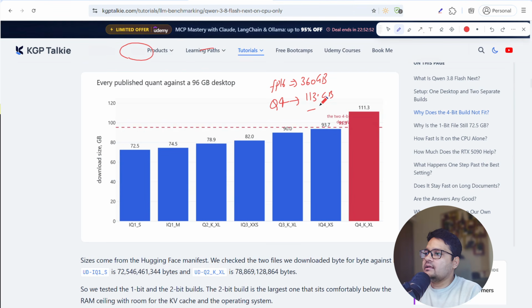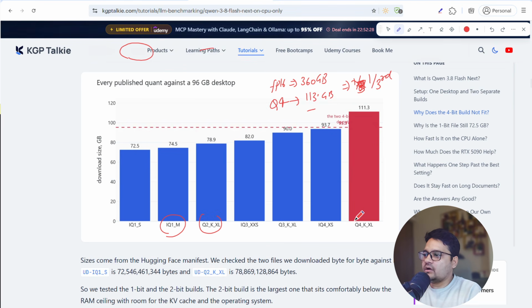So you can see it is almost 1/3. We reduced our precision by 4, and the memory requirement got reduced to 1/3. Then why is this 1-bit still taking this much memory?